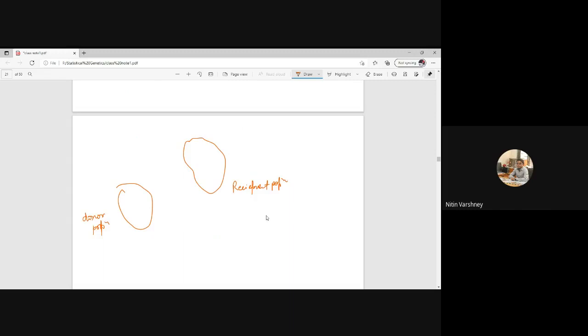Now suppose a proportion m of genes is transferred from the donor population to the recipient population. Moving out from the donor population is known as emigration, and moving into the recipient population is known as immigration.